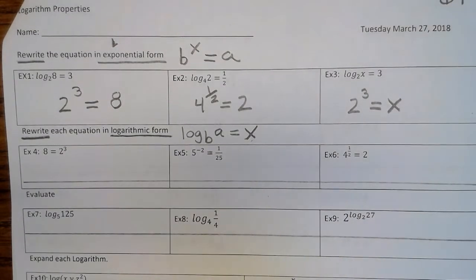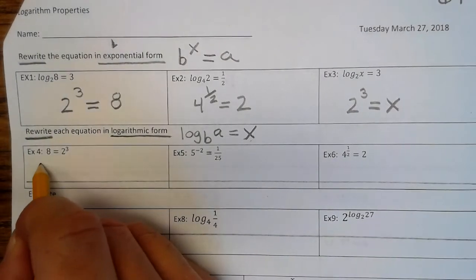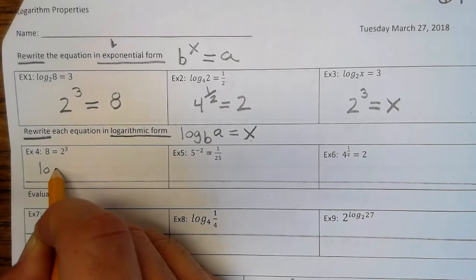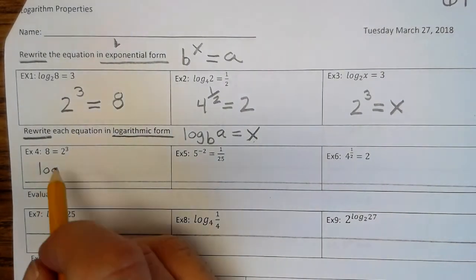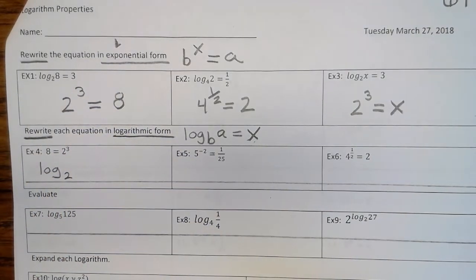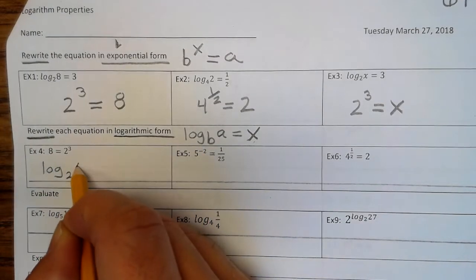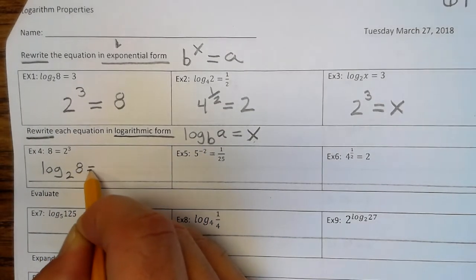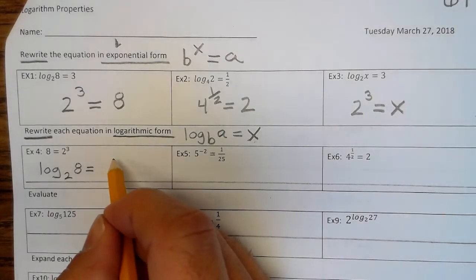So here we know it's log, so we're looking for the b value. So the b value is the 2. Now we're looking for the a value, which the a value is 8. And then the x value is 8. Oh, I'm sorry, 3.